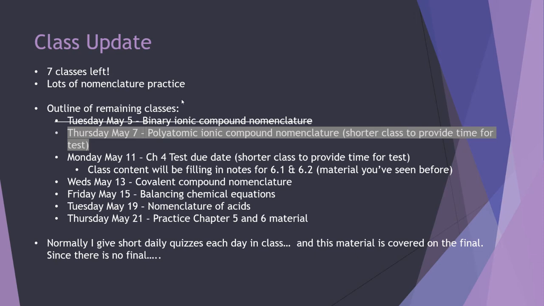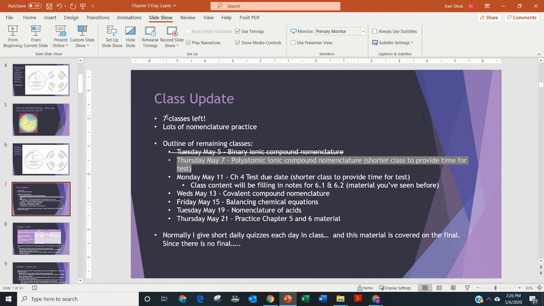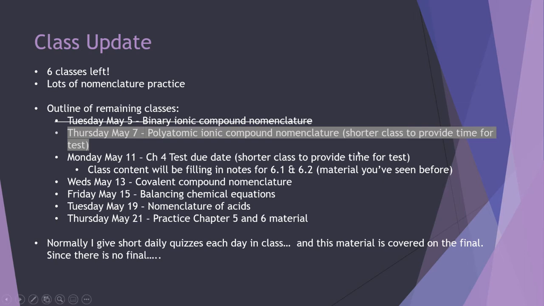Class update. Well, actually it said 7 classes left when I started this, and that's not true. We're down to 6 left. So the remaining classes, we're still going to be working on the rest of naming, and today we're doing polyatomic ion compound nomenclature, and next class we're going to be doing some stuff for filling in some notes for 6.1 and 6.2, which is material you've seen before.